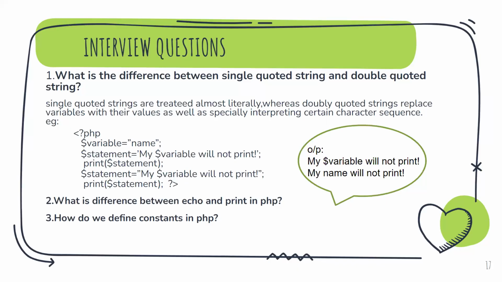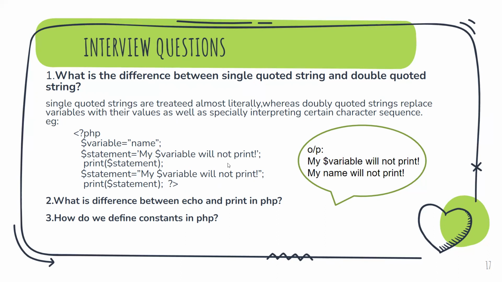Some of the interview questions are: generally interviewers might ask, why do we use single and double quotes in case of strings? The basic difference can be explained by the example that's given. Let's say I've used single quotes while assigning a string to a statement, and I've also used double quotes.